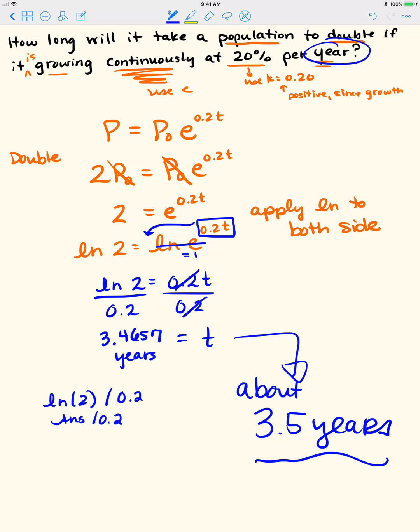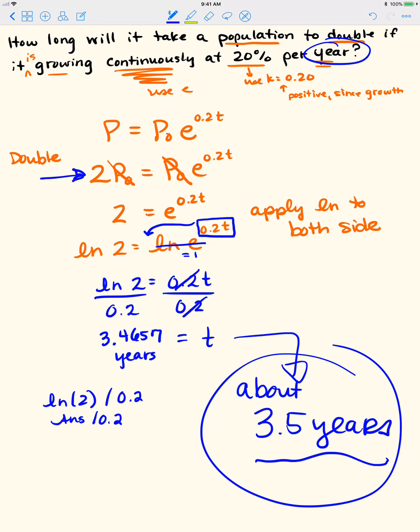Again, you have to pay attention to what you're asked to round to for the particular problem, but ballparking it would take about 3.5 years. So like a little under 3.5 years, but it would take about 3.5 years for a population growing continuously at this rate to double. Okay, and again, the doubling, times it by 2, solve for time, you're good to go.